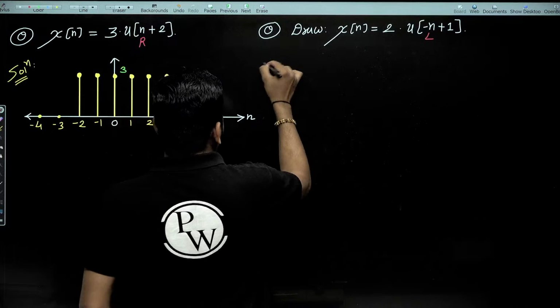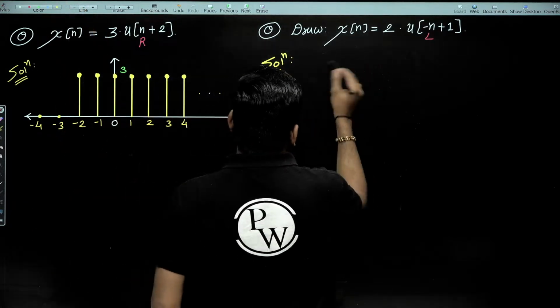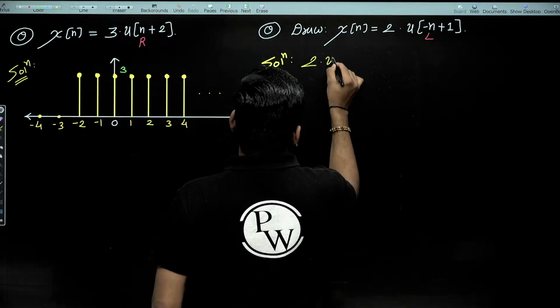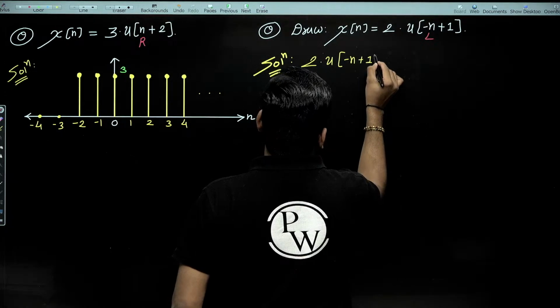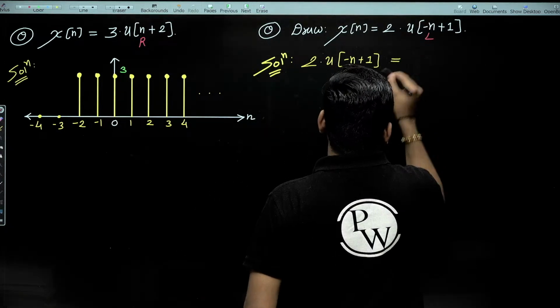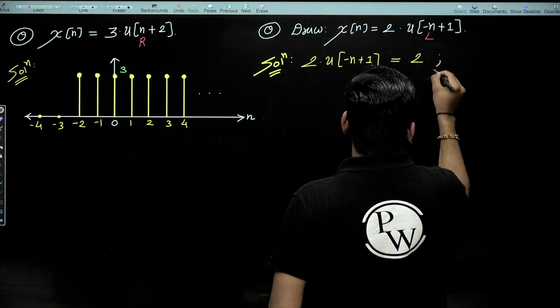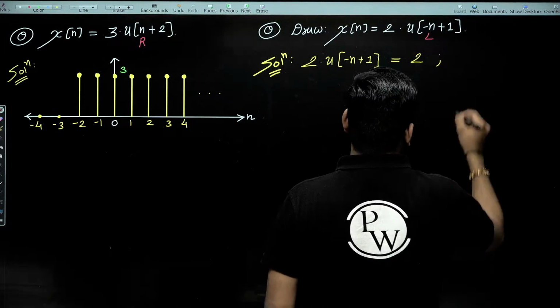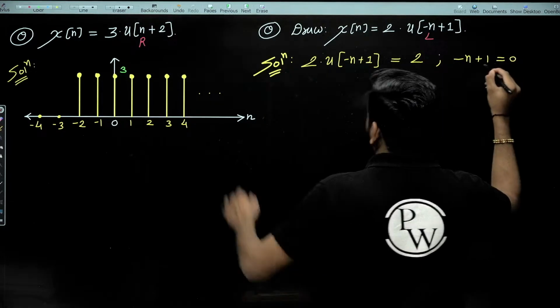You can follow the standard method also, guys. What is the standard method? 2 u of -n plus 1. Here amplitude is 2, and on the left hand side n becomes -n plus 1, and on the right hand side also everywhere n becomes -n plus 1.